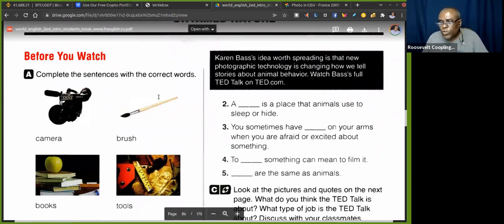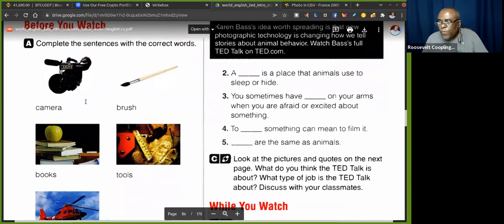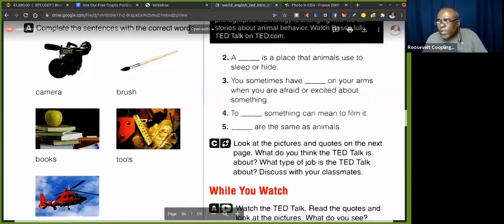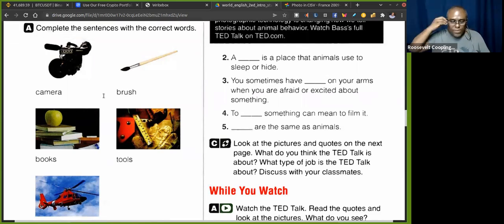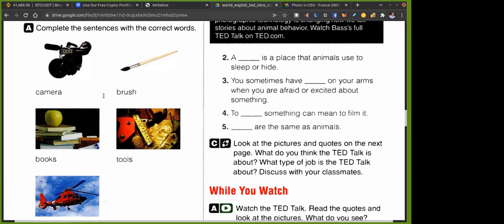you have some instruments, like complete the sentence with the correct words. If you look at these instruments, what job are they connected to? Who uses these instruments? Can you tell me the name of the job? For example, camera.